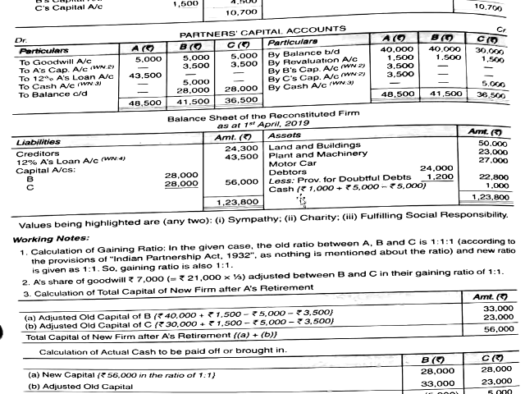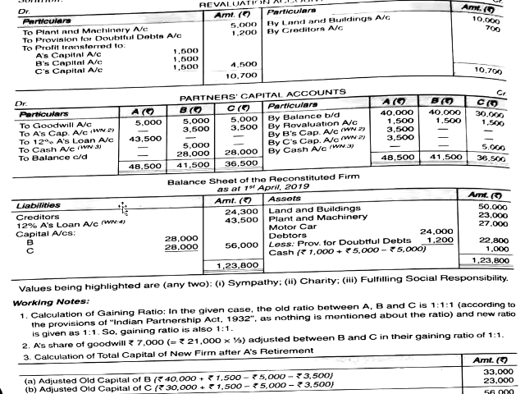And the cash balance: because 5,000 is brought in by C, it is added to the cash balance, and again 5,000 is withdrawn by B, so the balance remains the same, 1,000. So this is the way you will solve the questions based on the topic that I already explained.